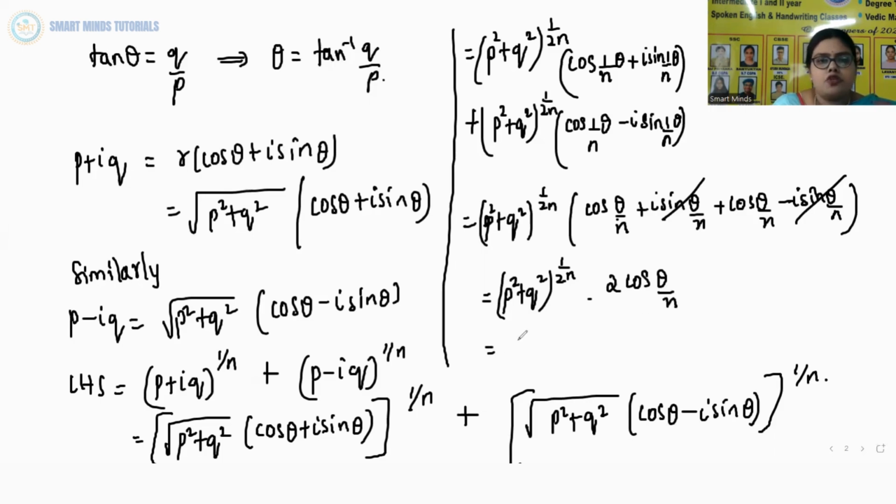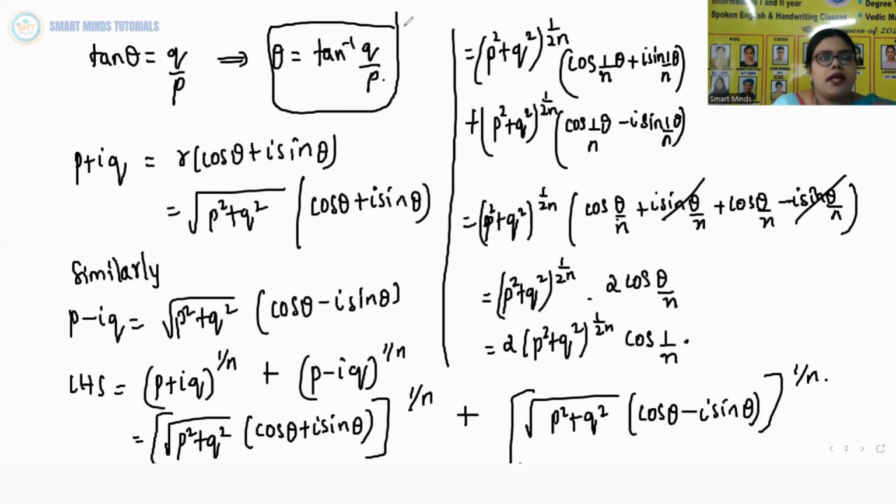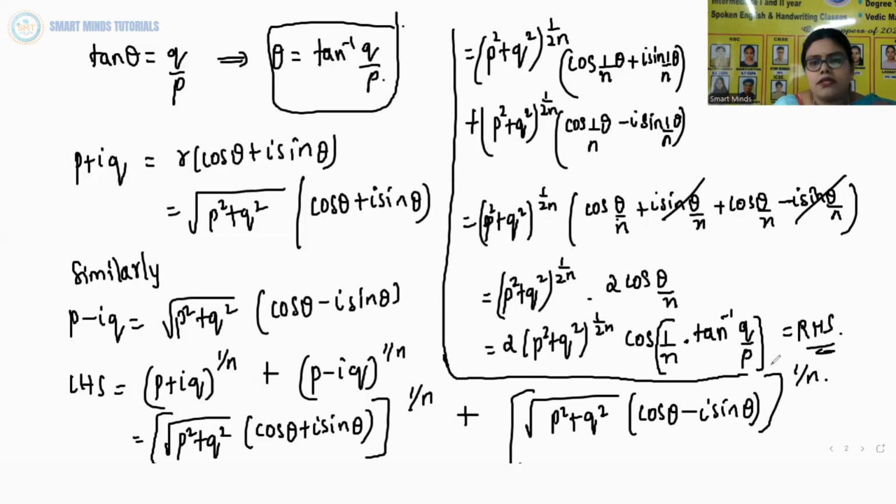This 2 we can write outside: 2 into (p square plus q square) whole power 1 by 2n cos. Can I write theta by n as 1 by n into theta? And what is the theta value from here? Tan inverse q by p. So that is tan inverse q by p. Understood? So this is RHS, and this is LHS. So finally you got LHS is equal to RHS.